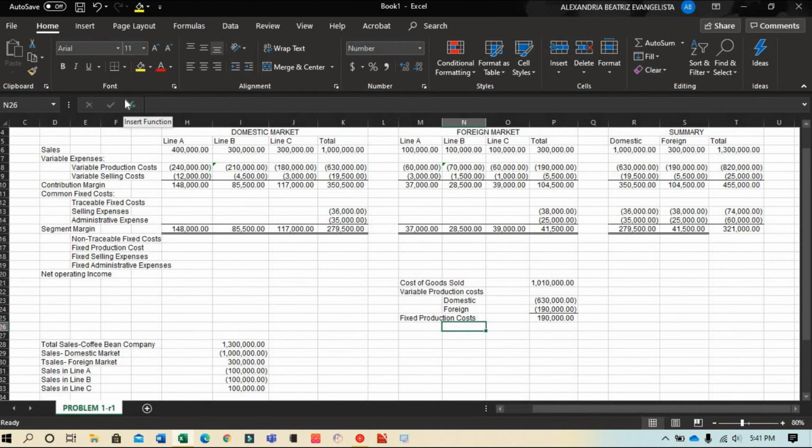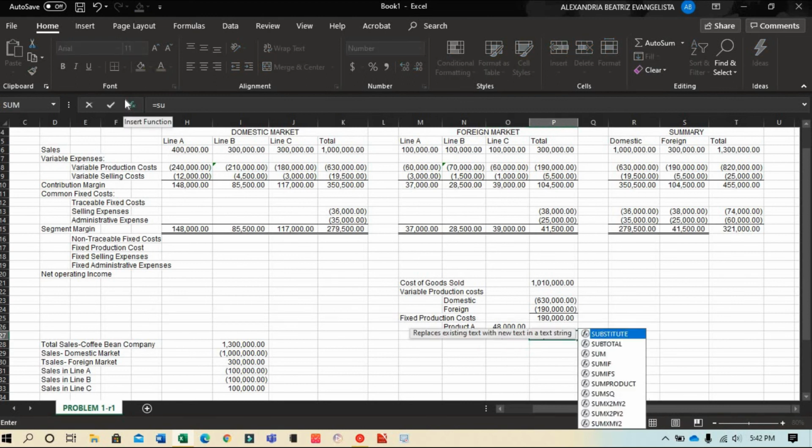So if we're going to break this fixed production costs further, it is the fixed production cost for product A, which is stated in the problem that is already included in the cost of goods sold, which is 48,000 per month. And then for product B and C, it is 142,000.